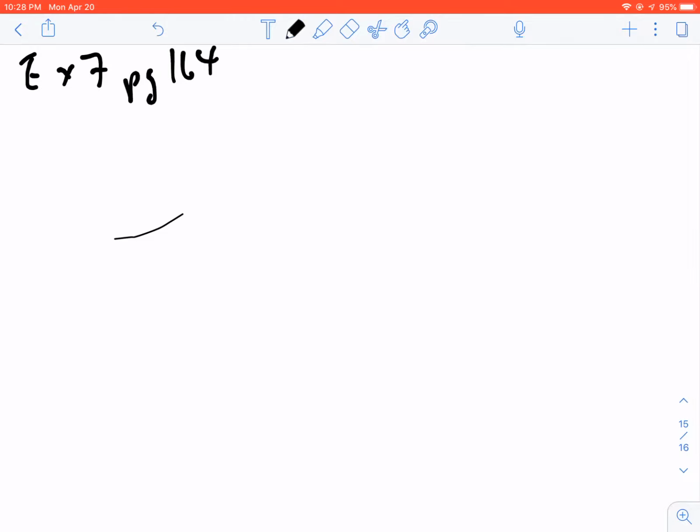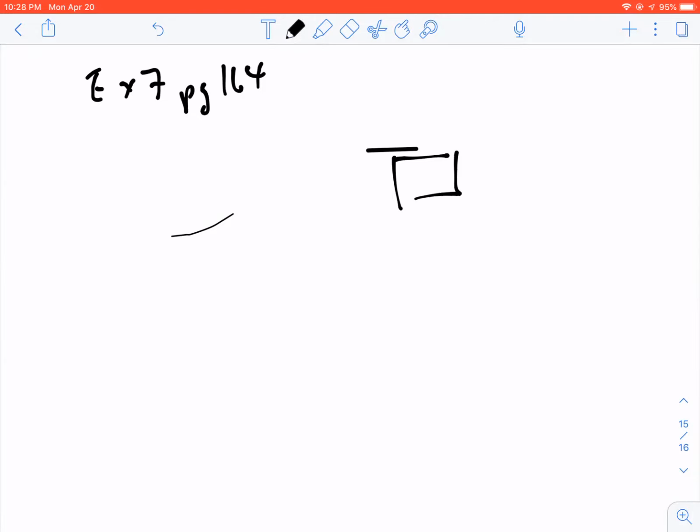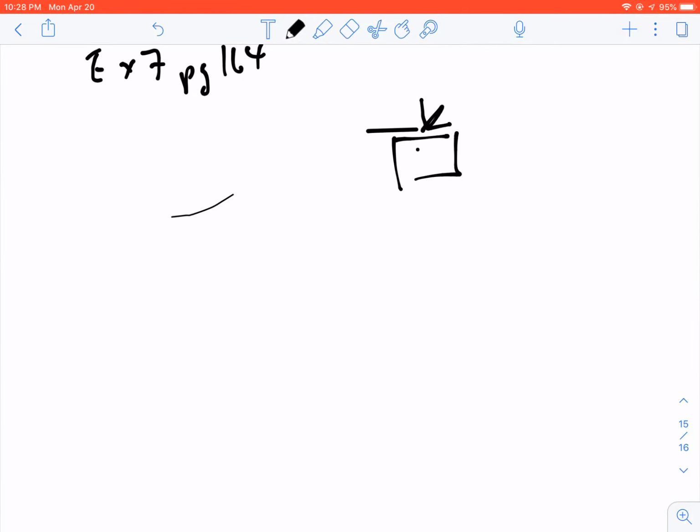So here's the crate, here's the person sitting on the crate. This is a really contrived question. A friend is now trying to lift the person using a crane, while sitting on the box.